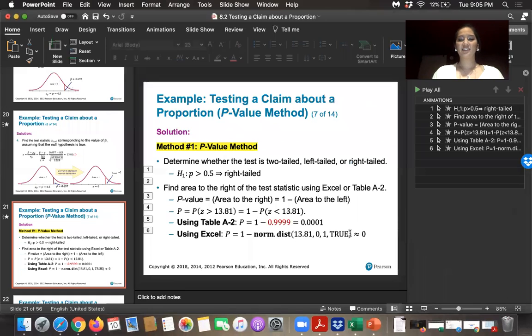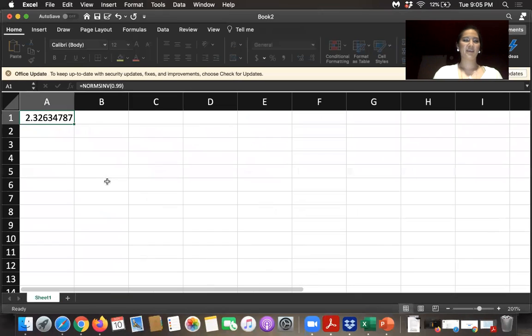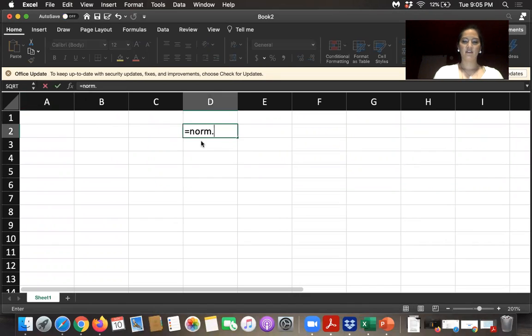Now I think Excel just gives you a 0 because 13 standard deviations above the mean is just so far out there that I'm not really even sure how many decimal places I would need in order to find that area. So right now what I'm doing is I'm typing equals norm.dist of, and then I enter my z-score. I want the mean of my distribution to be 0.